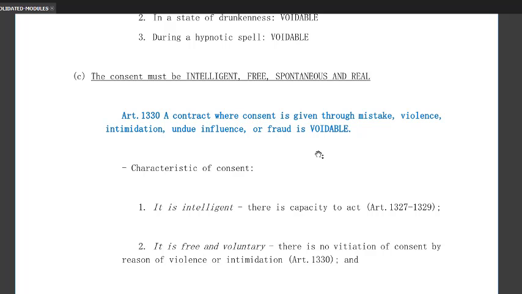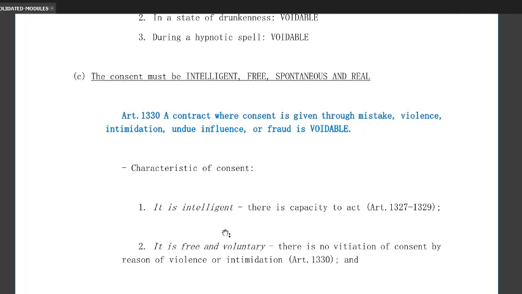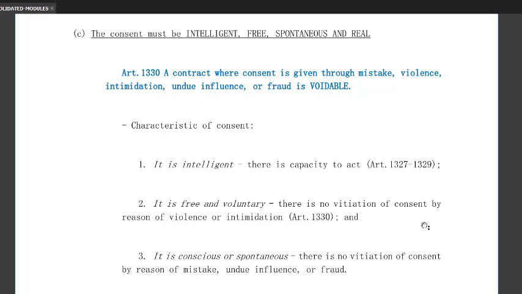Ano yung mga vices of consent? Dahil nga po, ang requirement po natin dapat, ang consent ay intelligently given, freely and voluntarily given, dapat conscious or spontaneous ang consent na given. So, kapag meron po tayong mga vices or mga bagay na nakaka-taint sa consent, it would make the contract voidable.